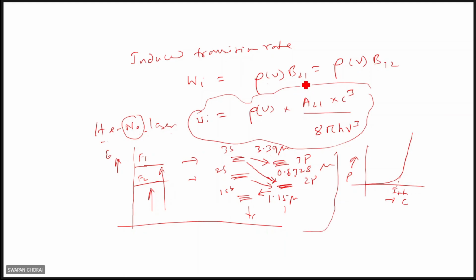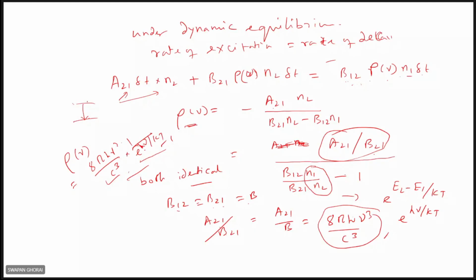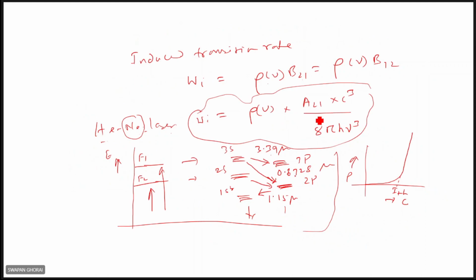If you substitute the value of B, what is B? We have just seen it: A21 by B21. So A21 equals B into this, which means B equals A21 c cubed by 8 pi h nu cubed.